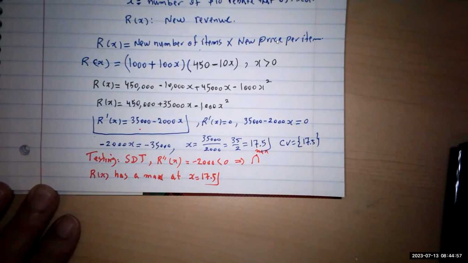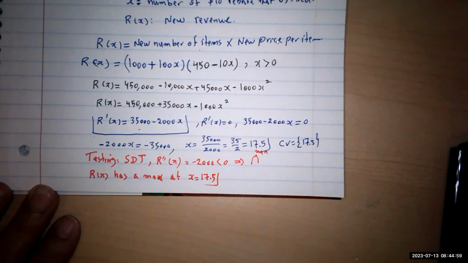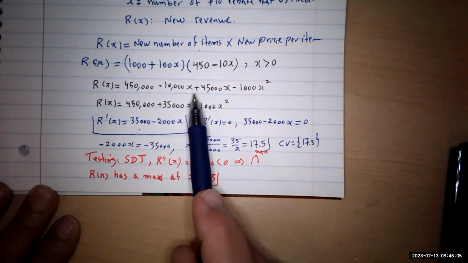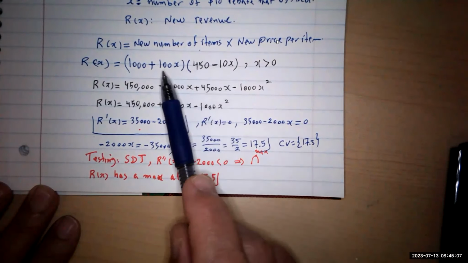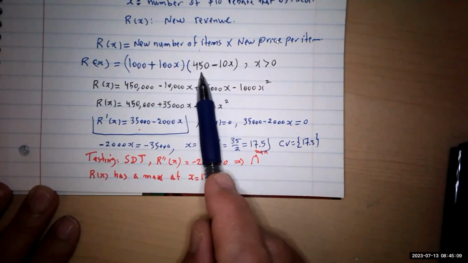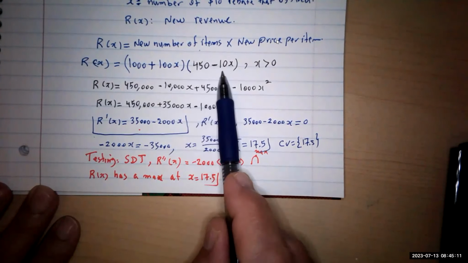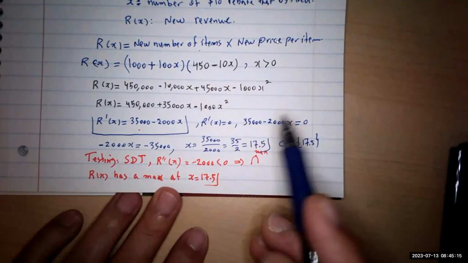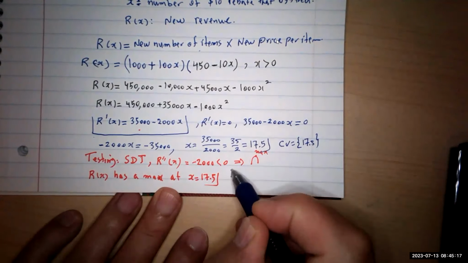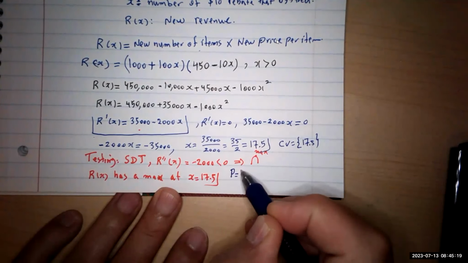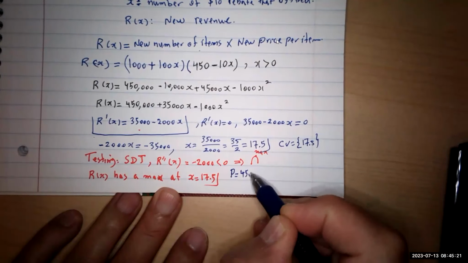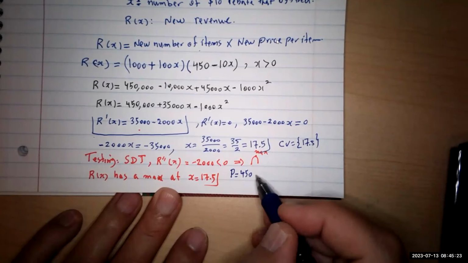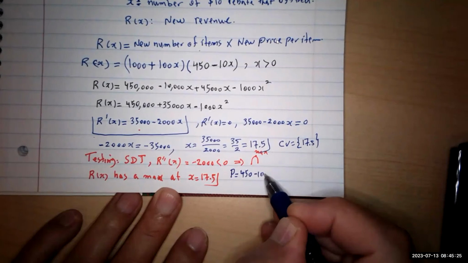But they ask for the price only. What price gives you this? You see, that's a new price that we have. What is the new price? Remember, the original price was 450, so it's minus 10x. So the price to make it maximum is originally $450 minus 10x.